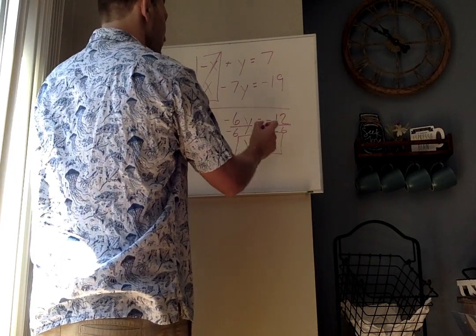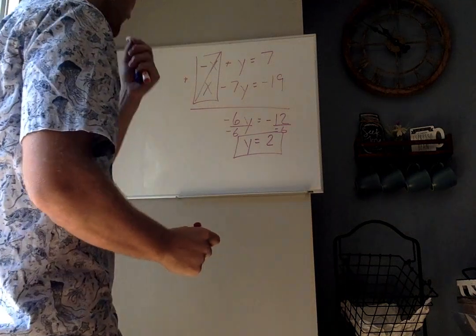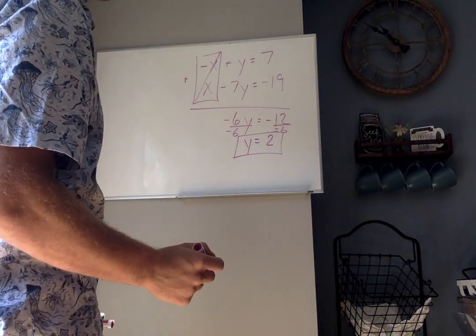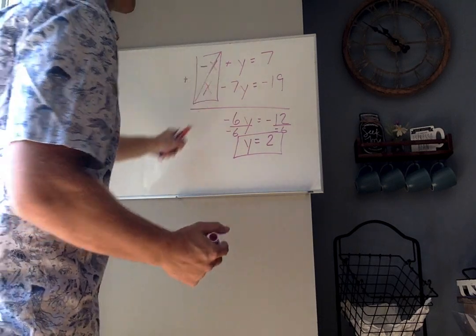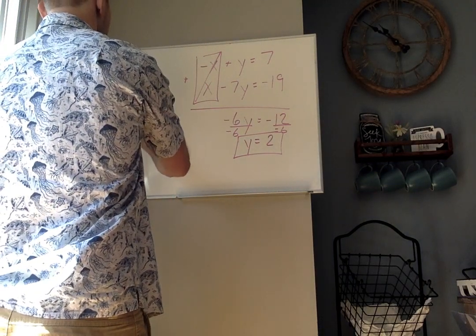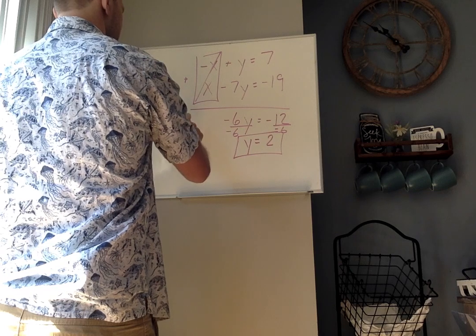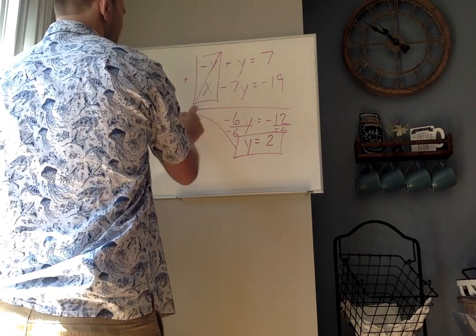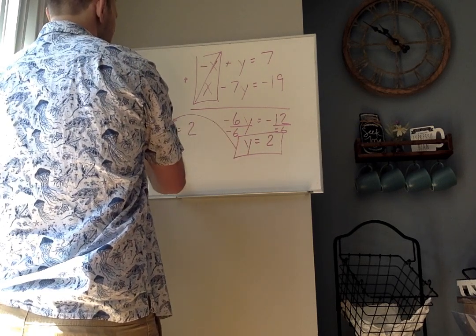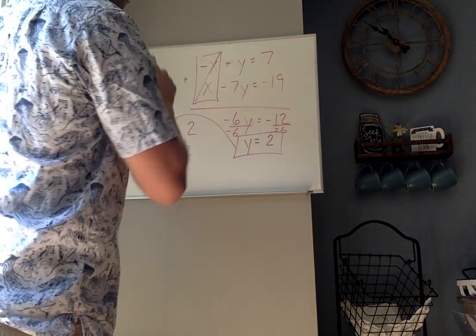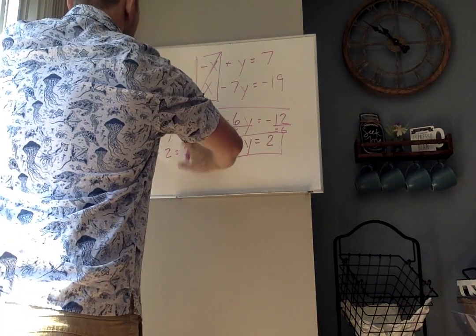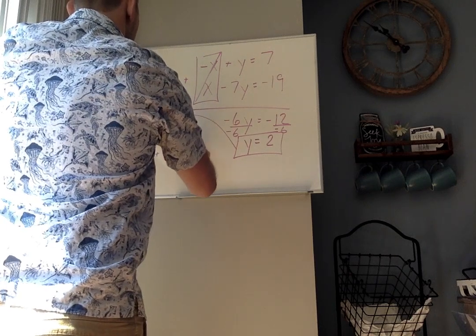Now I'm going to pick one of my equations. Okay, doesn't really matter which one. I'll pick the top one. It looks a little bit more simplified. So I'm going to take y and plug it in. So I have negative x plus 2 equals 7. My bad, equals 7.